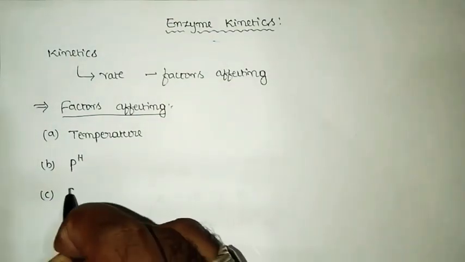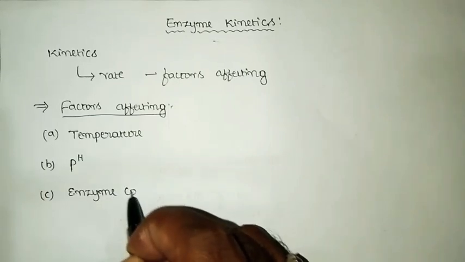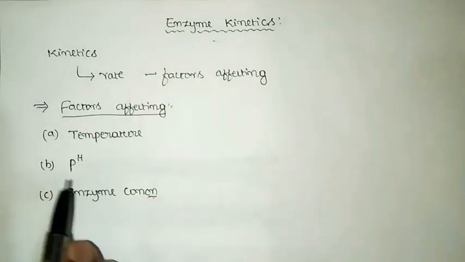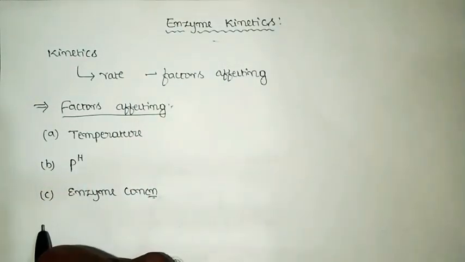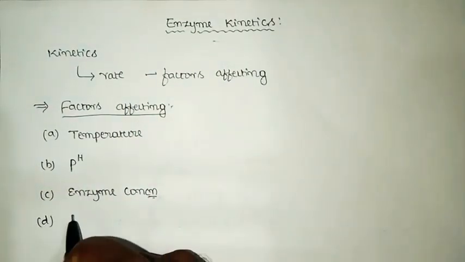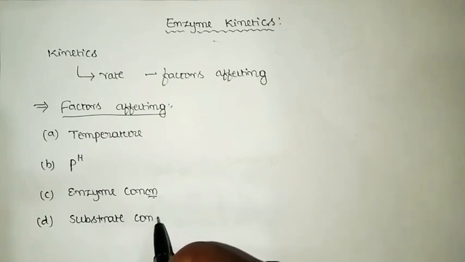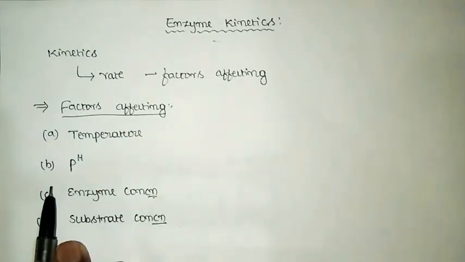The third factor is the concentration of enzyme. So enzyme concentration also plays a very important role in understanding the rate of an enzyme catalyzed reaction. And fourthly, the concentration of substrate. Substrate concentration is very important in influencing the rate of an enzyme catalyzed reaction.